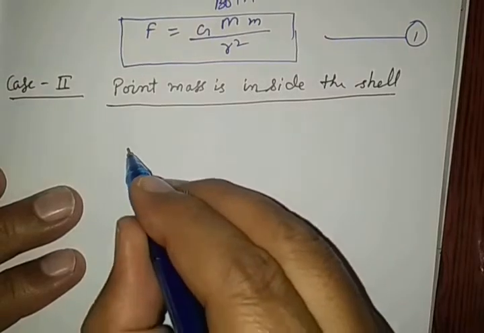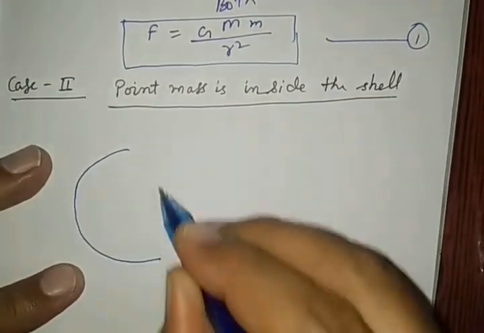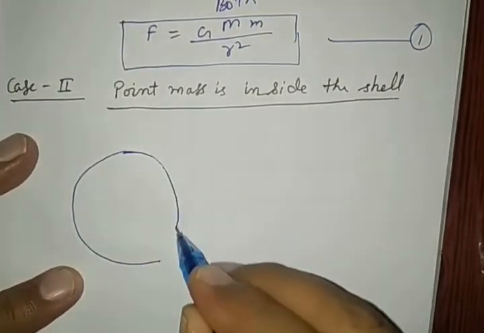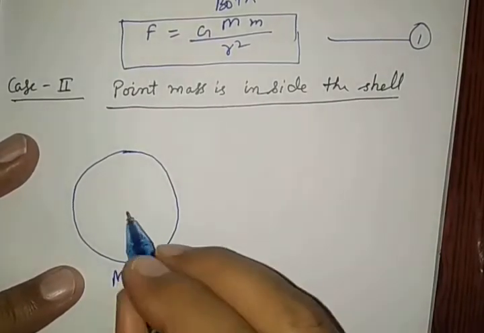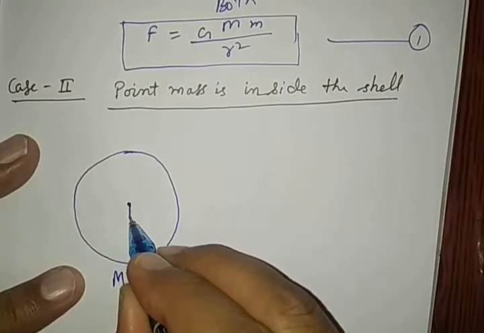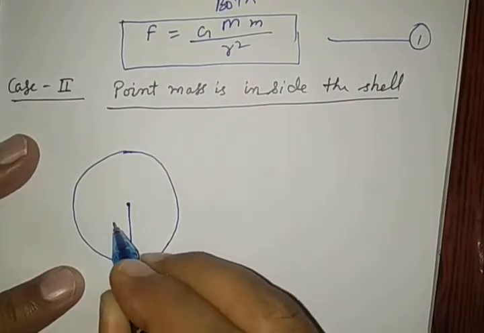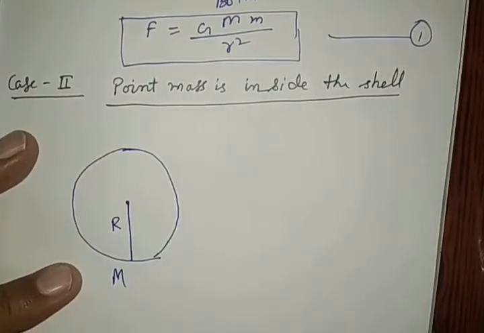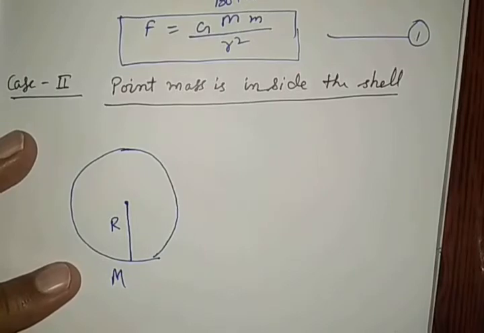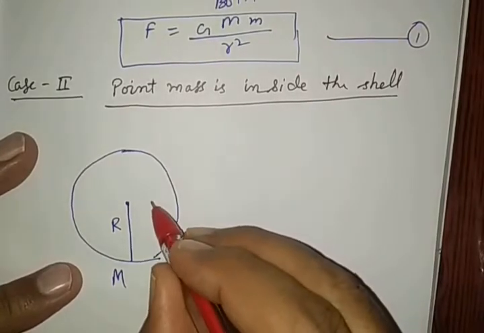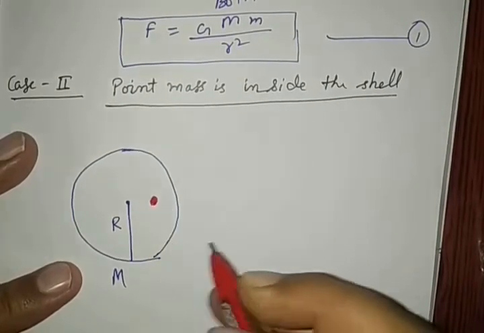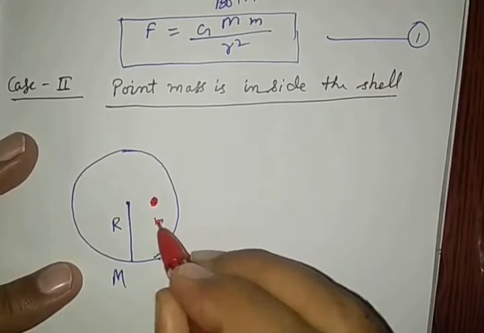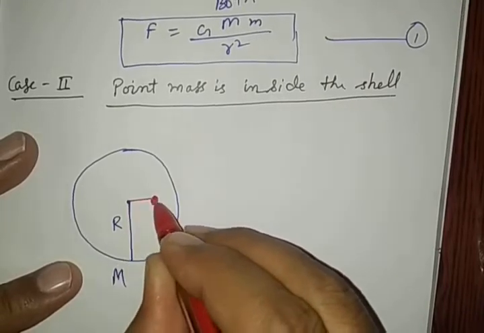Let this be a spherical cell having mass capital M, its center, of radius capital R, and the point mass, see, it is kept here, having mass small m. This is the distance between both.